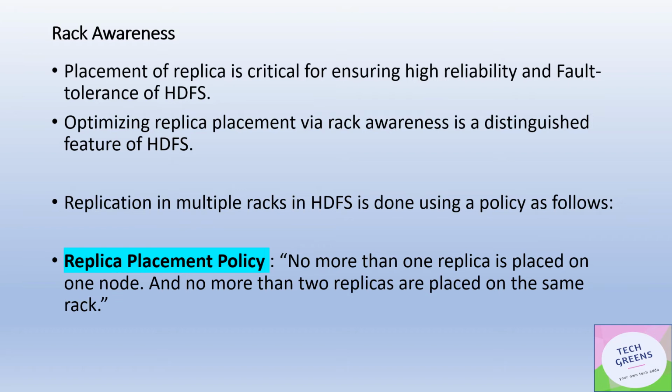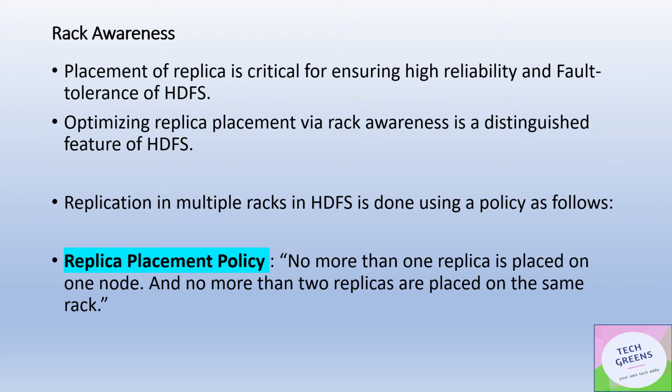If you understand it at the first level, if you have replicas across nodes in the same rack, and suppose that particular rack fails, then all the data, in spite of being replicated, would be lost. Now comes the second level of granularity. In this design, we have distributed the replicas across racks.